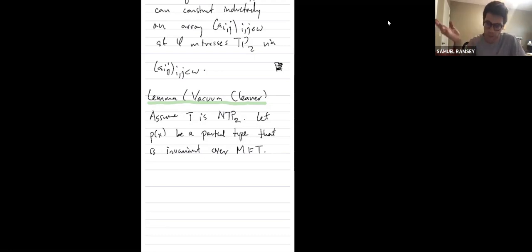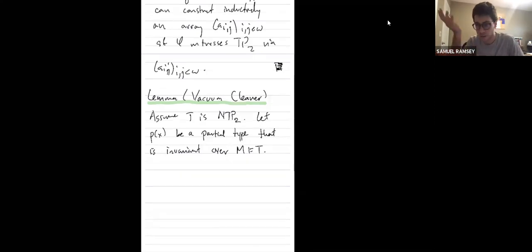What I'm saying here is that if I have a type over any set, I can of course consider it as a partial type over the monster model. And what does it mean for a partial type to be invariant? You have these two versions: either if I replace a parameter with something that has the same type, then that still goes in the type, or if I move the type by an automorphism, that preserves the type.